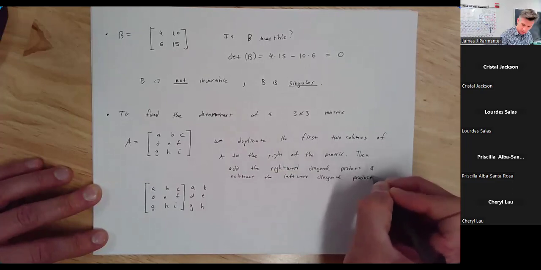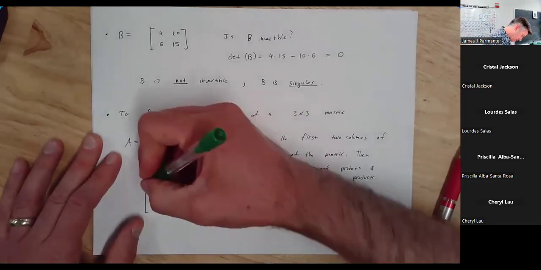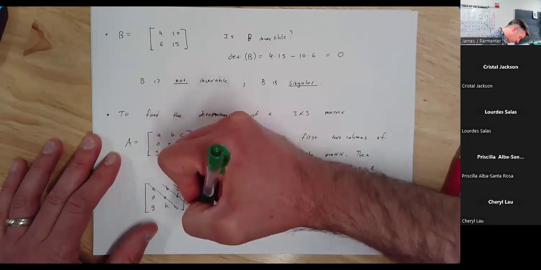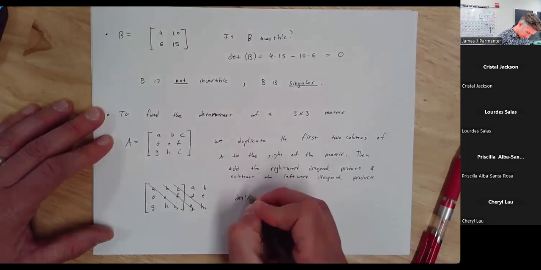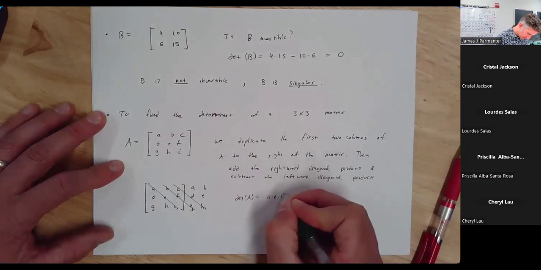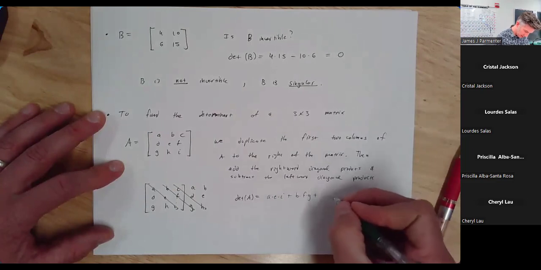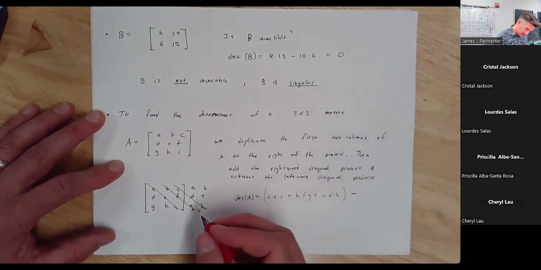Here's what we usually do. We usually draw it like this. We say, okay, we're going to do this product plus this product plus this product. So the determinant of A is going to equal A times E times I plus B times F times G plus C times D times H minus, and I like to just use one big parentheses, the leftward downward diagonal product.